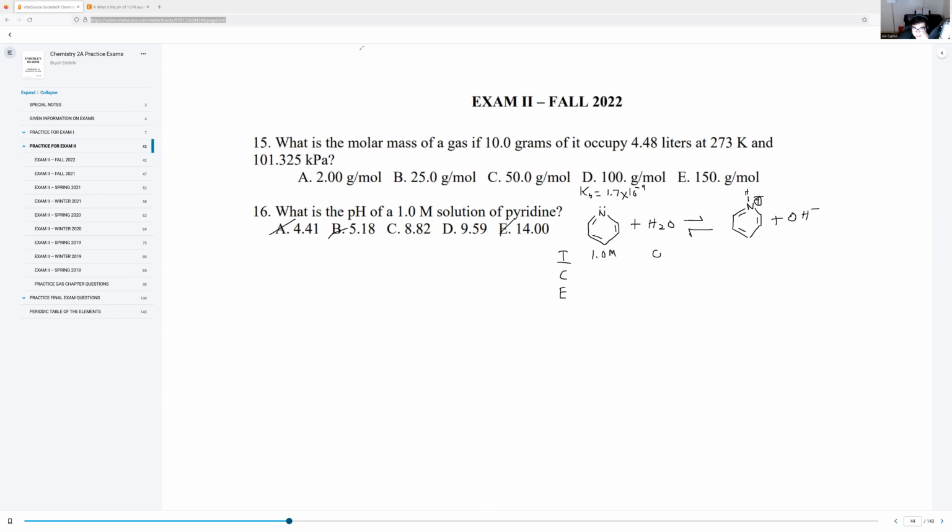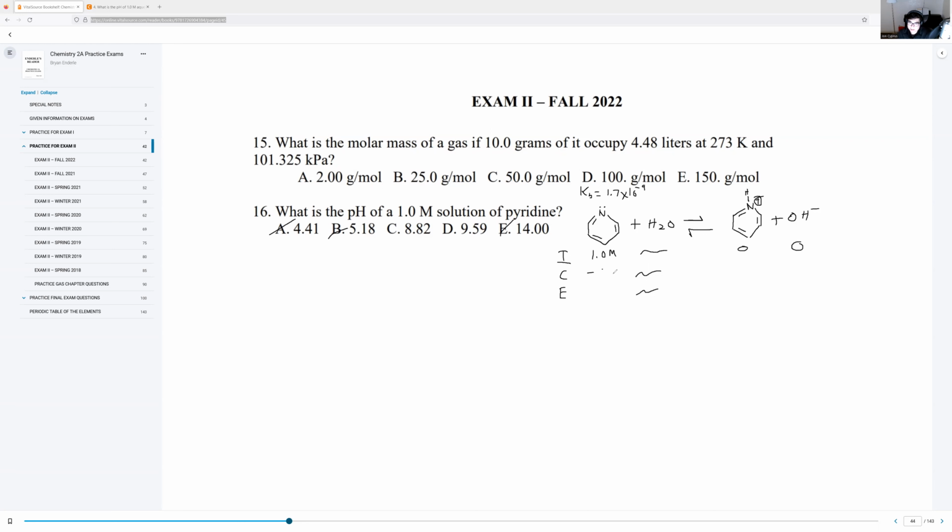It doesn't really matter how much water I have. We don't really consider that in an equilibrium constant. So we don't really care about how much water there is. It's in a solution of water. There's a lot of water. So I don't really care about that. This pyridine, we start with this protonated pyridine, we start with nothing, and same with the hydroxide.